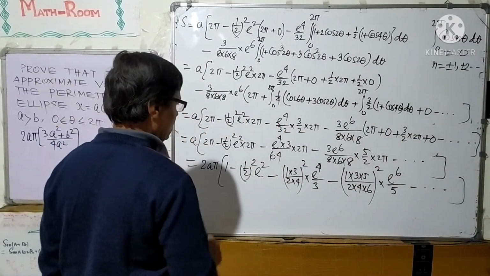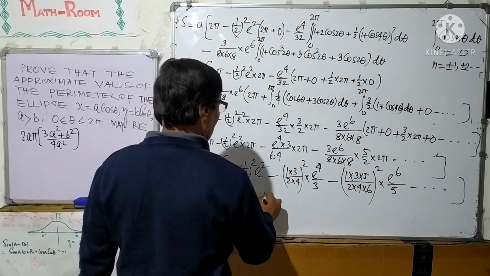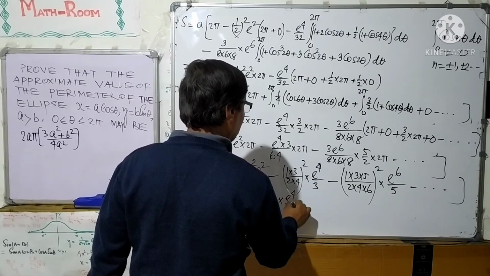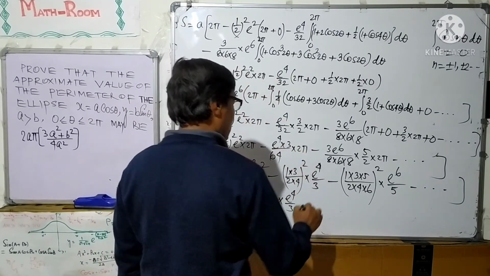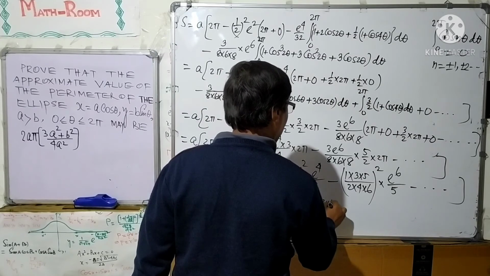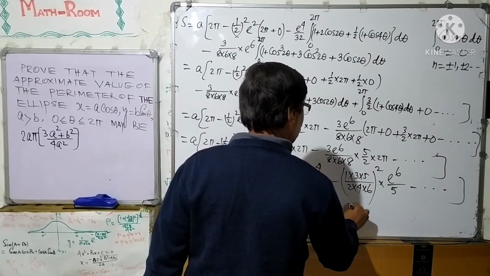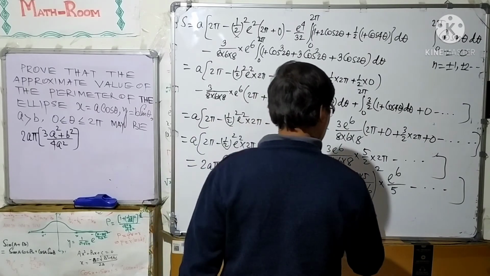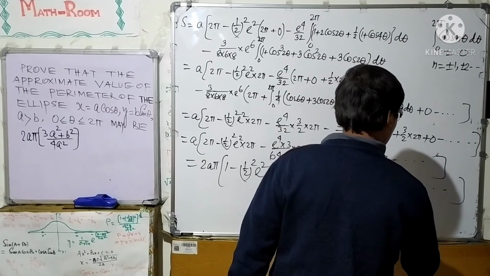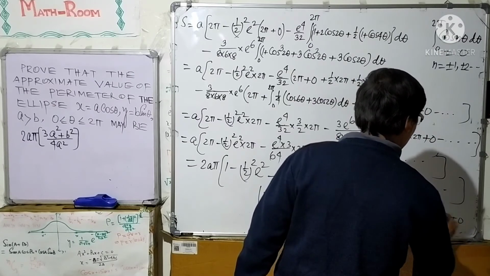Here we can see that these numbers, 1 into 3 over 2 into 4 whole square e to the power 4 over 3, and 1 into 3 into 5 over 2 into 4 into 6 whole square e to the power 6 over 5, and so on, are too close to 0.